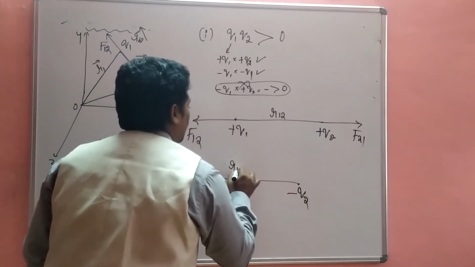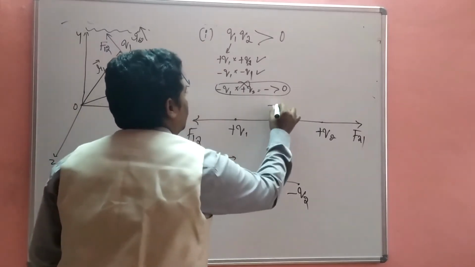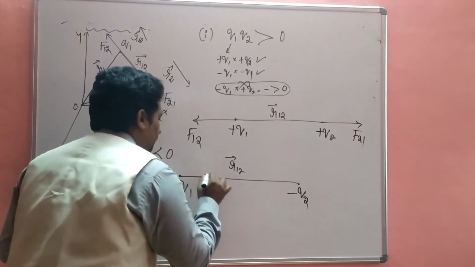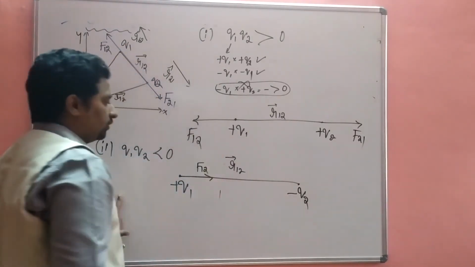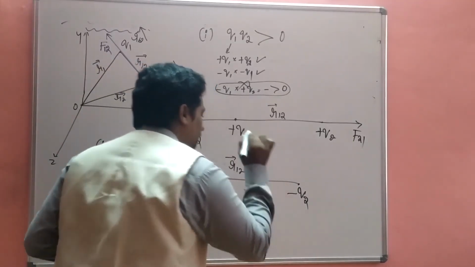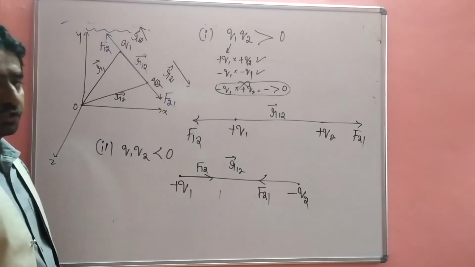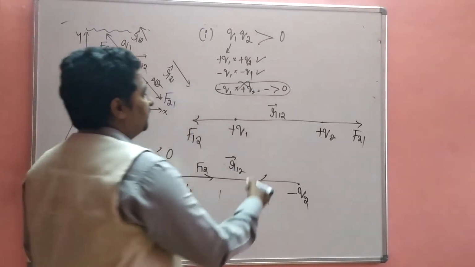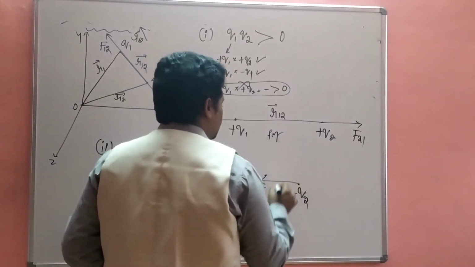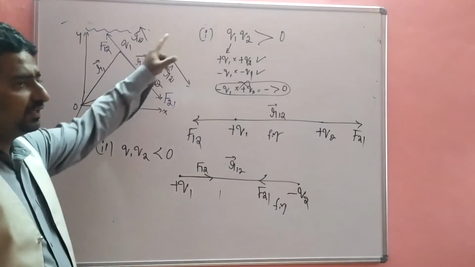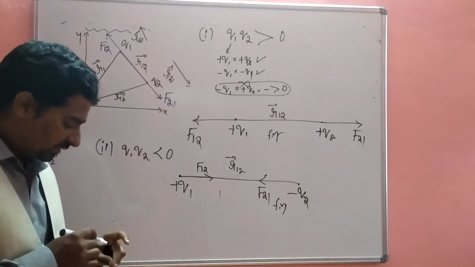The force is exerted on Q1 due to Q2, and the force is exerted on the second one due to the first charge. These are the figure representations for Q1 Q2 greater than 0 or lesser than 0.